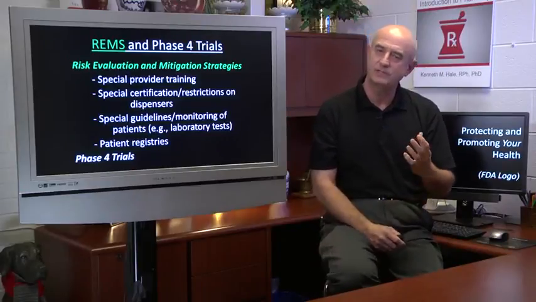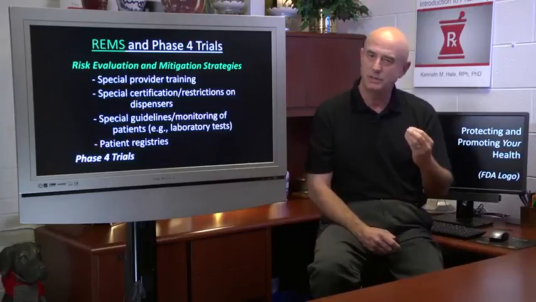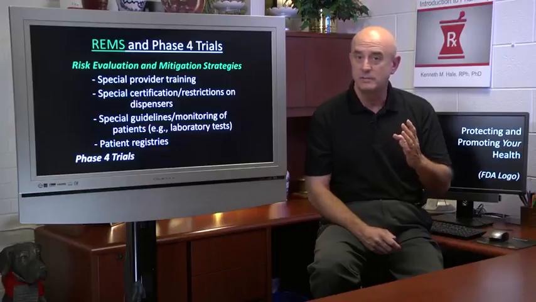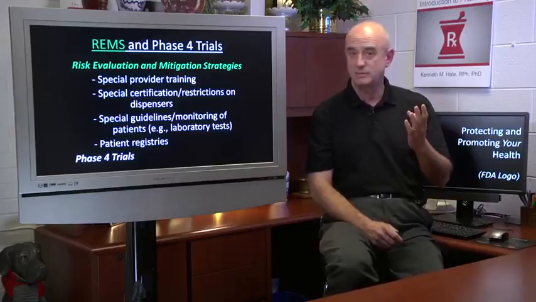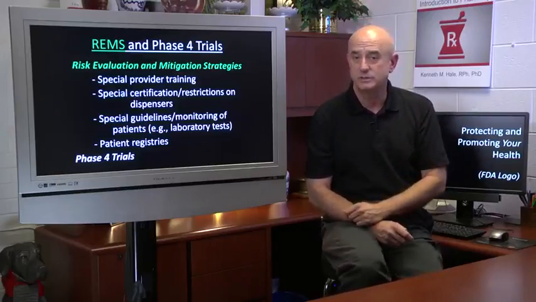If FDA approves a product, they say this product has potential, but we're really concerned about the risk profile of this product. They can put some special parameters around it that would require maybe special provider training. If I'm going to prescribe this, I have to have special training to do it. Maybe it could have some restrictions in terms of special certification or restrictions on dispensers.